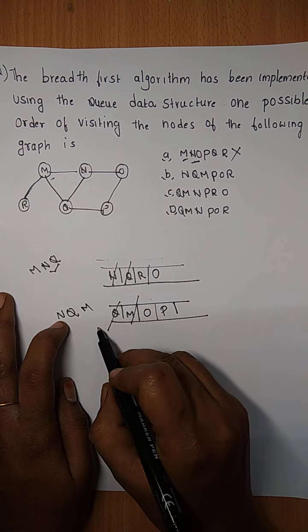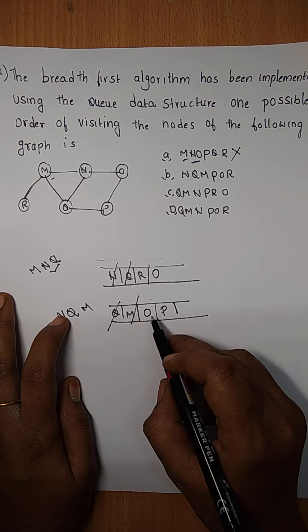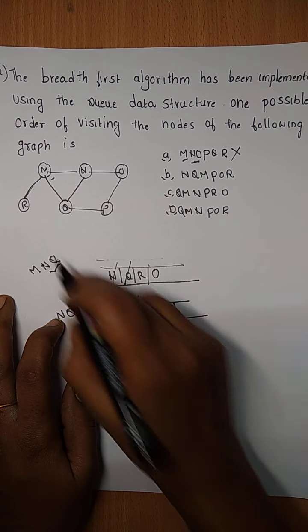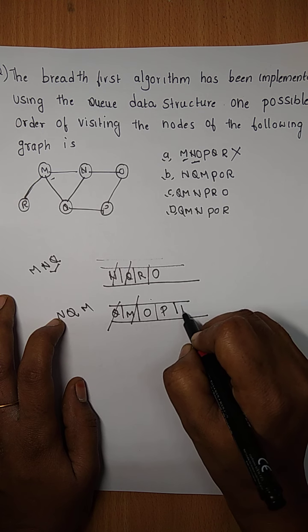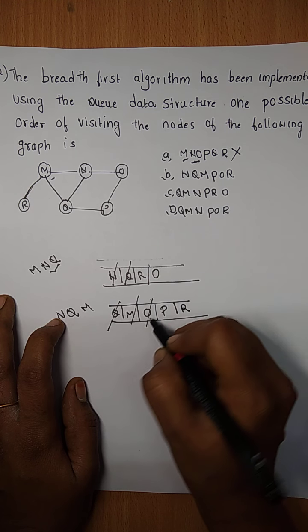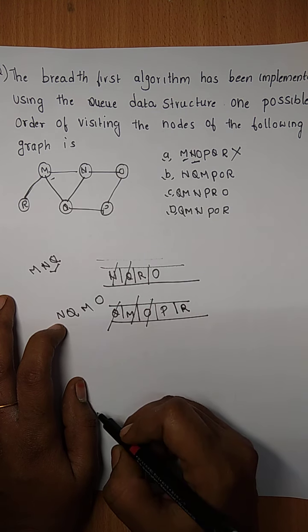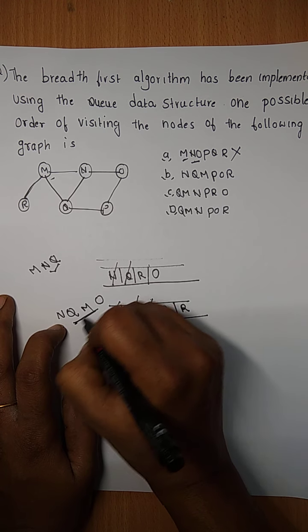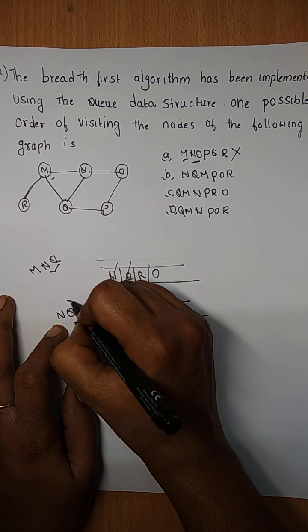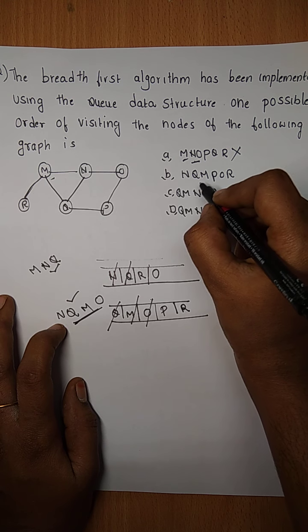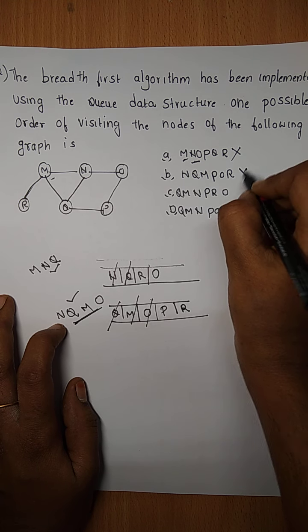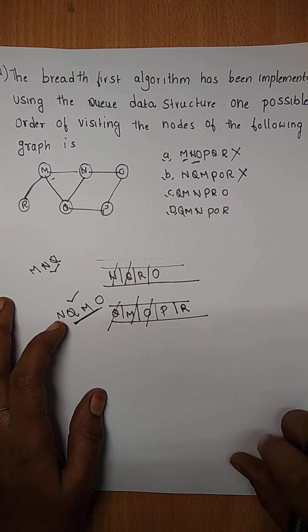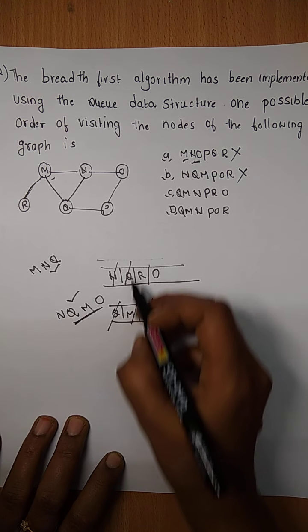Q is already visited, and N is also visited. Now insert R into the queue. Now remove the element from the front of the queue, that is O. So in our sequence we got N, Q, M, O, but here it is N, Q, M, P, O, R. So remove this also from our results.